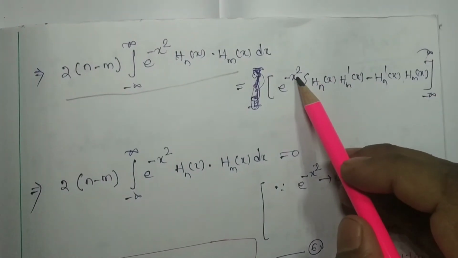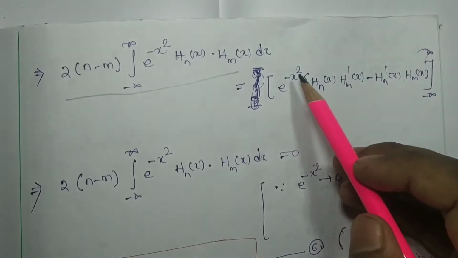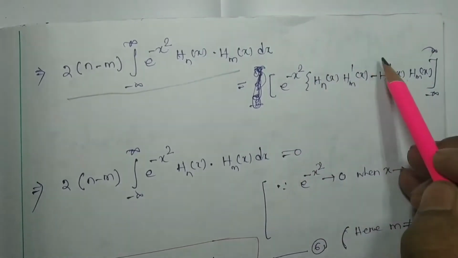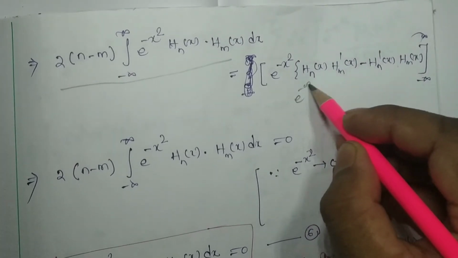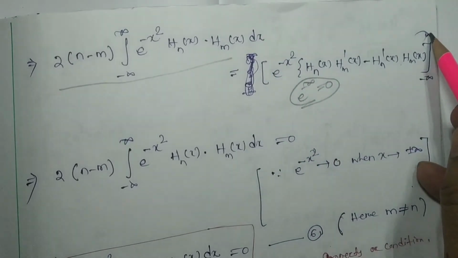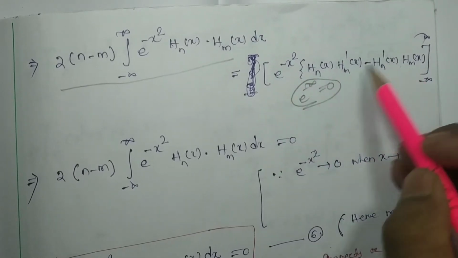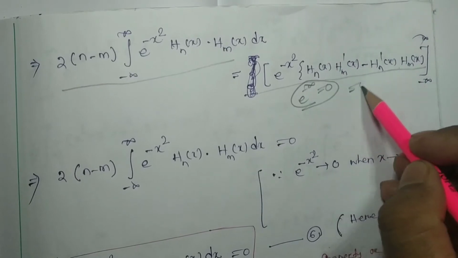Minus infinite at the place of x, since it is x square, will also give e to the minus infinity. So this whole term is going to be 0 because e to the power minus infinity, we know, is 0. So after putting infinity and minus infinity as the limits, this whole term vanishes, or is equal to 0.